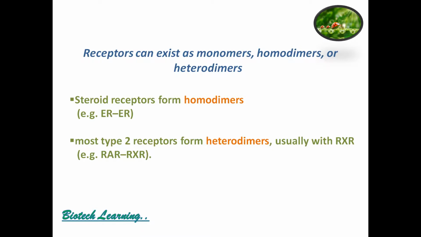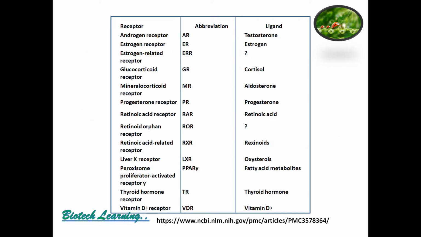So now let's see what are the full forms for these abbreviations. AR is androgen receptor, ER is estrogen receptor, GR is glucocorticoid receptor, MR is mineralocorticoid receptor, RXR is retinoic acid related receptor, RAR is retinoic acid receptor, etc.